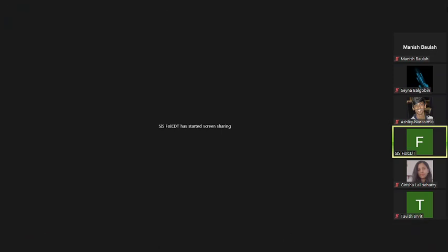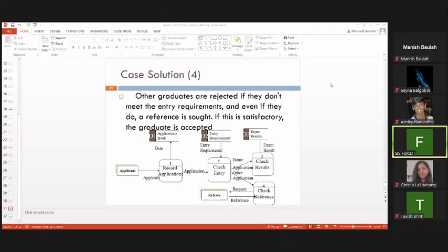This is what we did in the lecture last week. Can you see that? Yes. Basically here we have process number 3, check result. Now, how do we check result? Most probably, we are going to compare your SE results, your HSE results. Here, this is postgraduate, so we are going to compare your undergrad result.